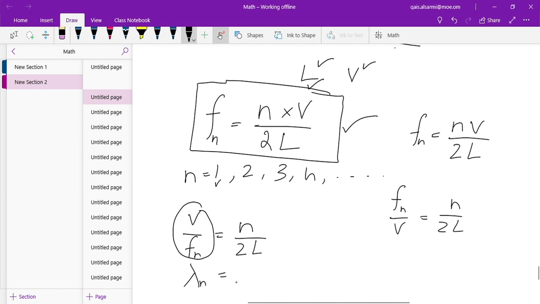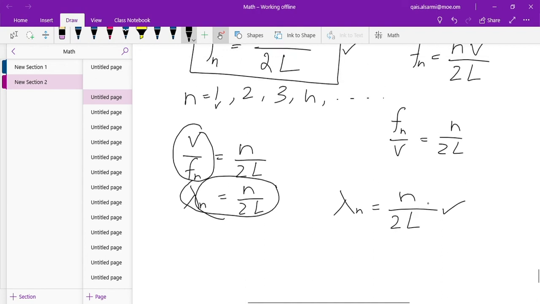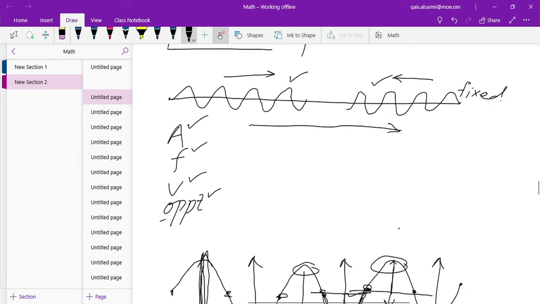So wavelength equals 2L over n. This is a general equation for the wavelength, but the proof of this equation is not important. If you want to note it down, it's useful for solving problems in a quicker way.